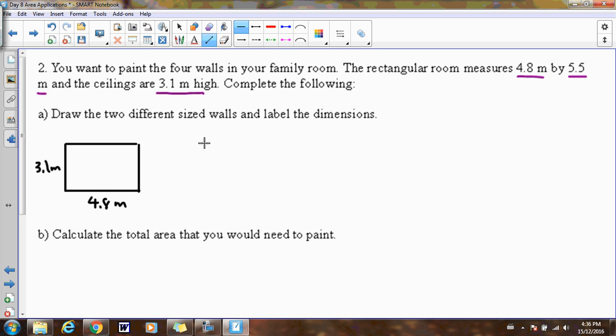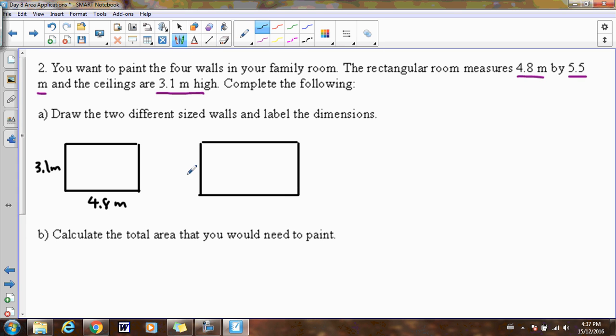And the second type of wall is also going to have the height of 3.1 meters, because that's, again, the height of the room, and the length of 5.5 meters, because that's this other side of the wall.